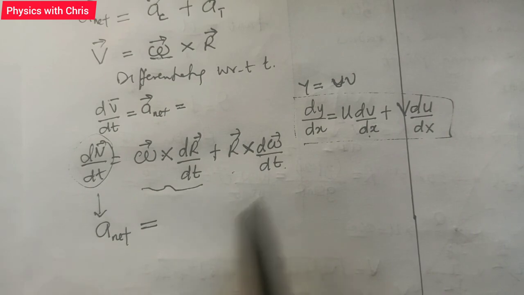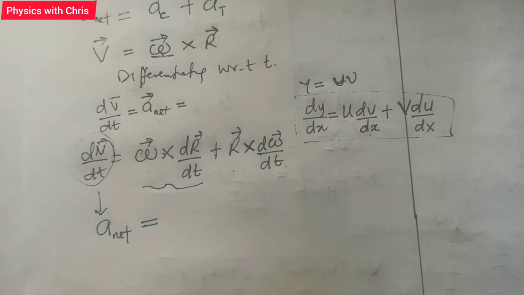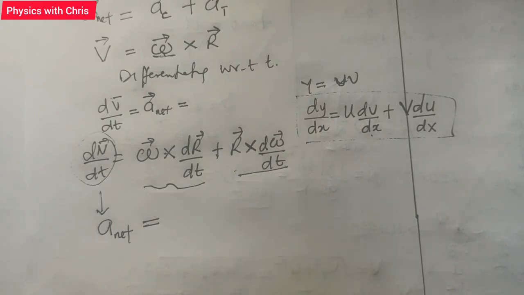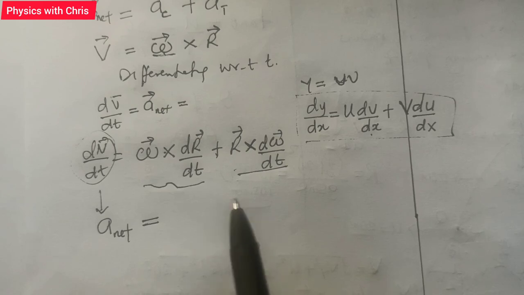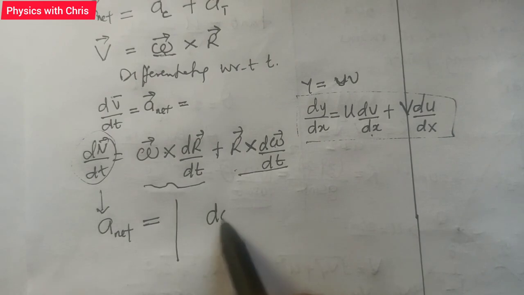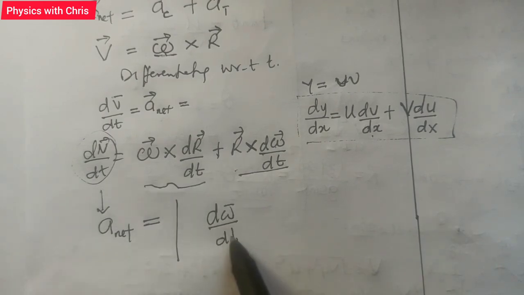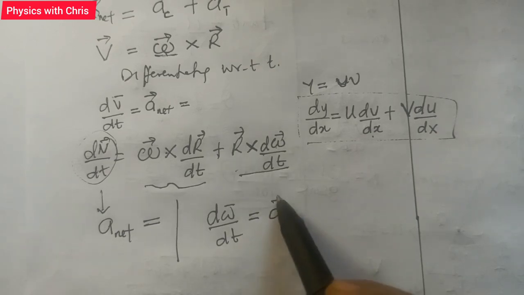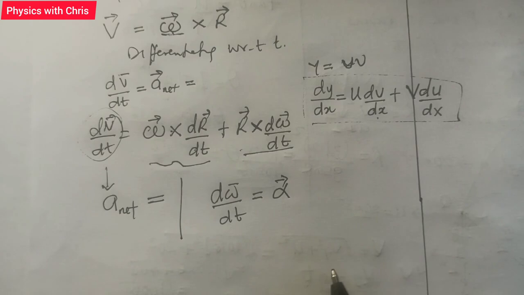And which one do we call the tangential acceleration? Let me start with the one on the extreme right. You can see that d omega over dt is called the angular acceleration. Angular acceleration is the rate of change of angular velocity. So that's why we have it there.